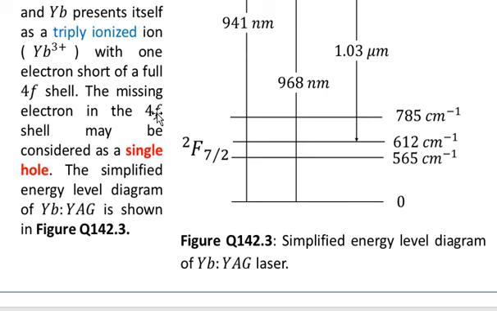So capital L, which is the orbital angular momentum quantum number, will be 3 for this case. Since we are treating this single hole as a single electron, the total spin quantum number capital S will be equal to half. So we have now two values: capital L is equal to 3 and capital S is equal to half.